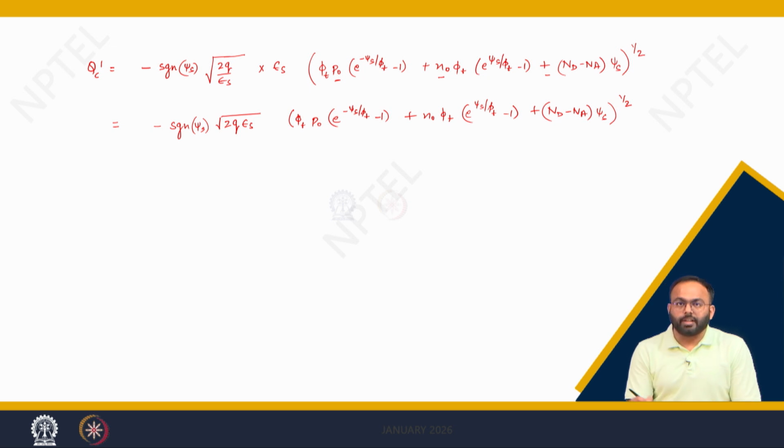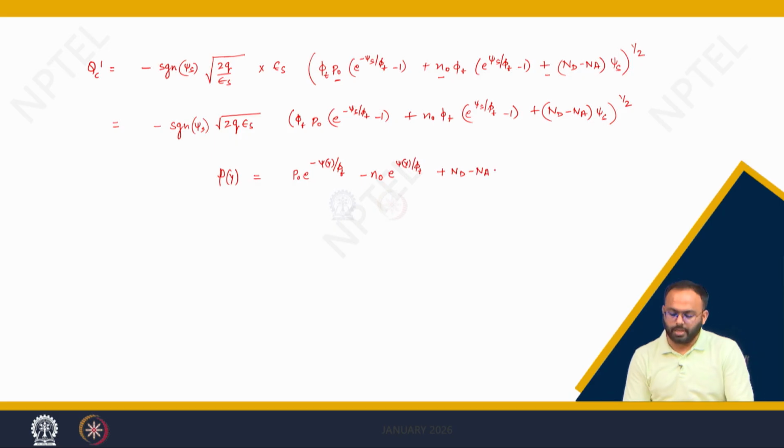To further simplify this, we will go for a boundary condition. We know that the charge density was given by the whole contribution, p0 e^(−ψy/φt), minus the electron contribution n0 e^(ψy/φt), plus Nd minus Na, right.